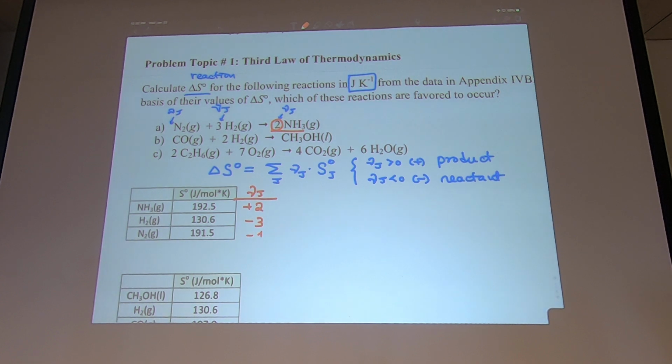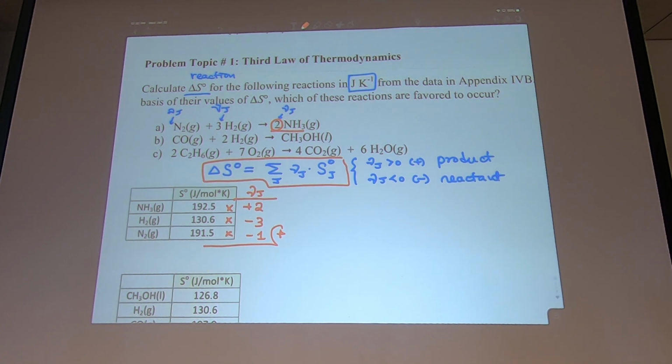And nitrogen is a minus 1. And all you gotta do is multiply this together and add them up. That's all you wanna do. And that's exactly following the formula that is shown up. I guess I'm putting it in red.